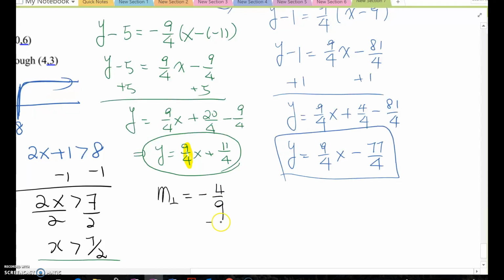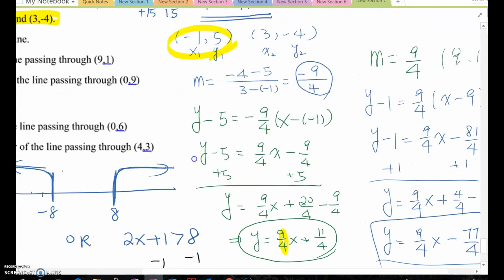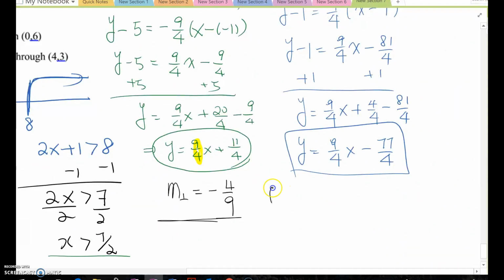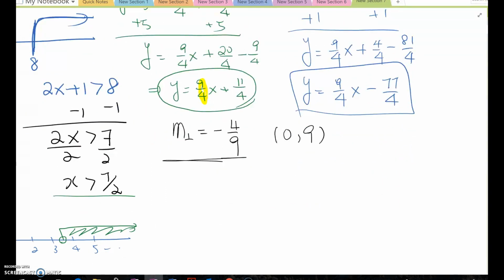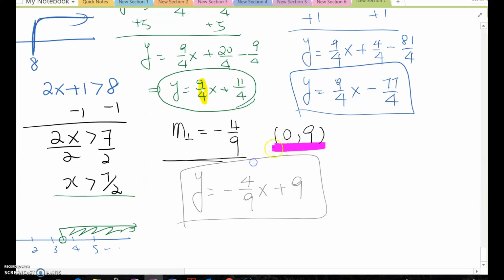Okay, then this is the slope, and then passing point 0, 9. If you know this is already the y-intercept, then this question will be much easier. So the answer becomes y equals 4 over 9 x plus 9. Because that's the y-intercept, we just plug into y equals mx plus b, where m is 4 over 9 and b is 9. That's it. Okay?